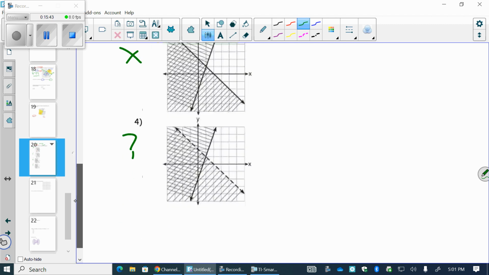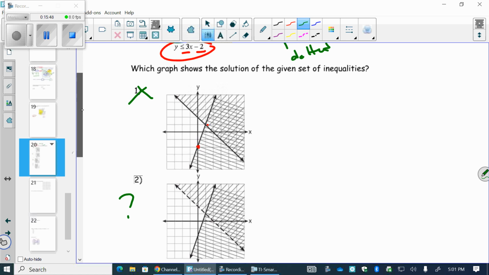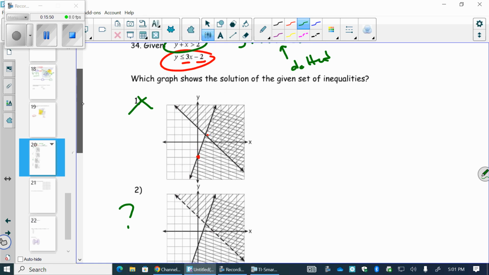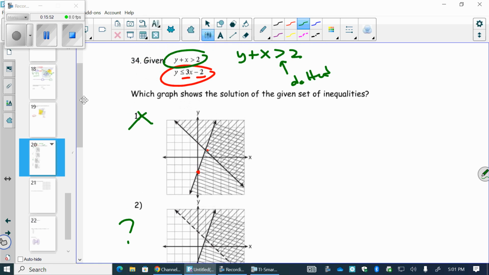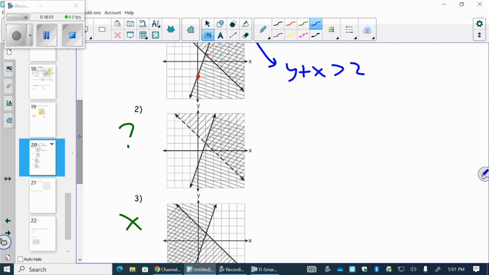So 2 and 4 have the dotted line and one solid line. I need to check the shading. So, let's look at the equations. Let's see this one for example. y plus x is greater than 2. So, that's a dotted line. Let's check a point. You can pick any point you want. So let's say someone decided to pick the point 0, 3.